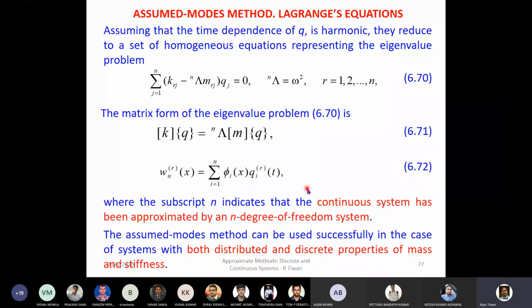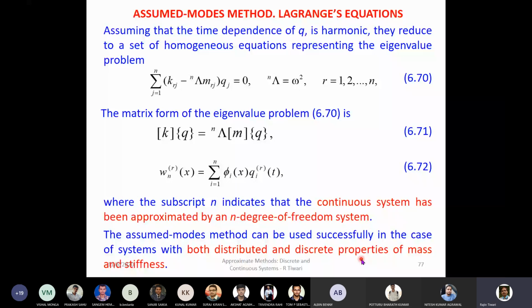So this is the relative displacement which we will be giving at different axial positions of the beam. This particular method, the assumed mode method, is useful because we have a continuous system. In a continuous system, we can have some discrete disks or springs, and those things we can incorporate in this formulation without any issue.